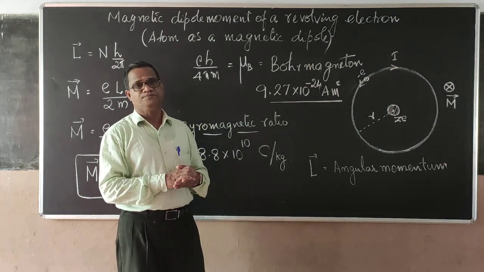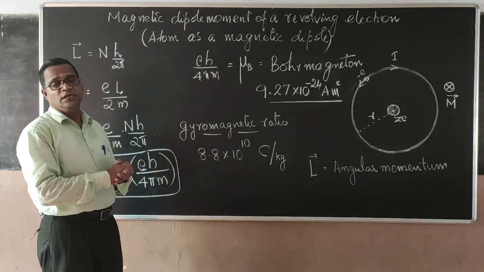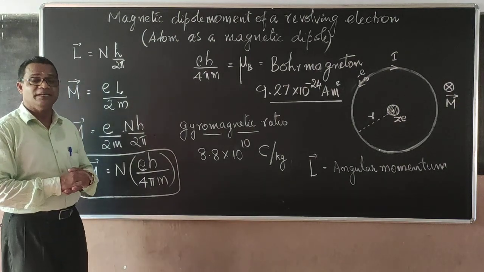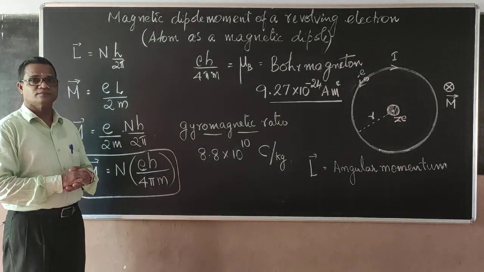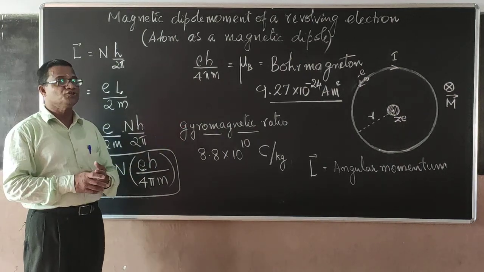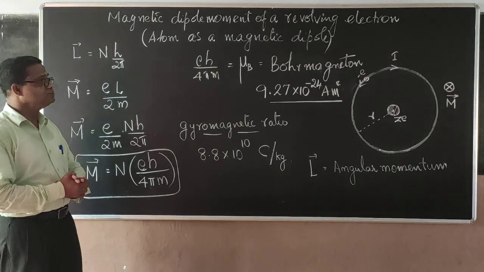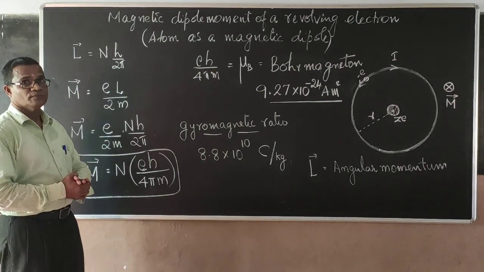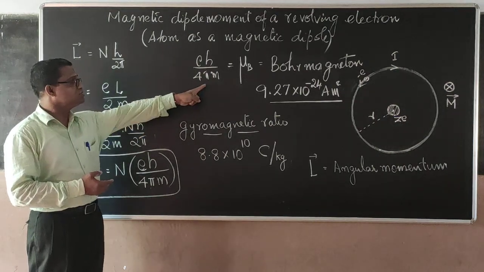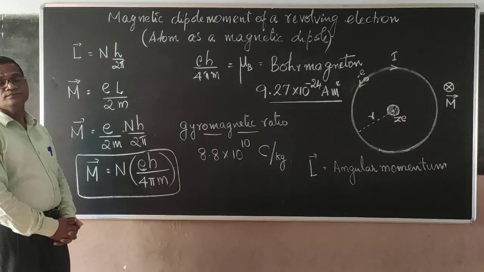So this part is very, very important in the discussion of different types of magnetic materials. Here we understood terms like gyromagnetic ratio, remember that, and the Bohr magneton and its value. This is all for the electron. If you write it for the proton, the mass will change and therefore the value will change.